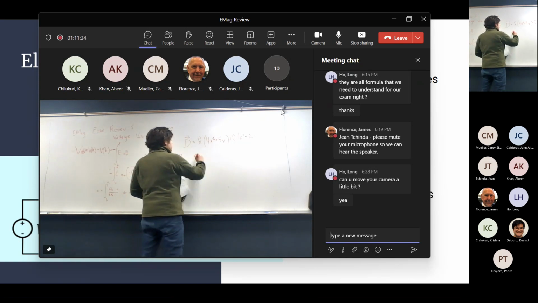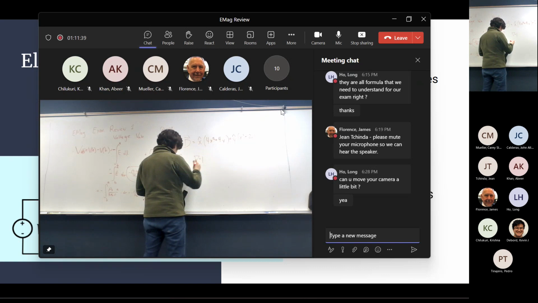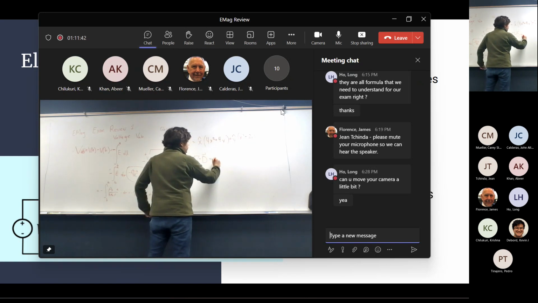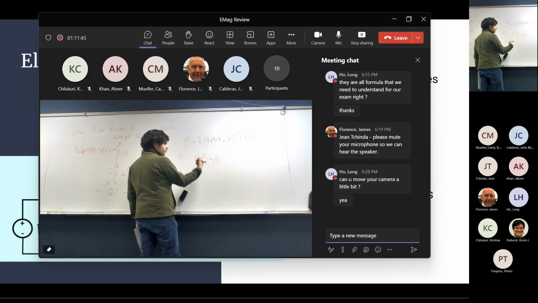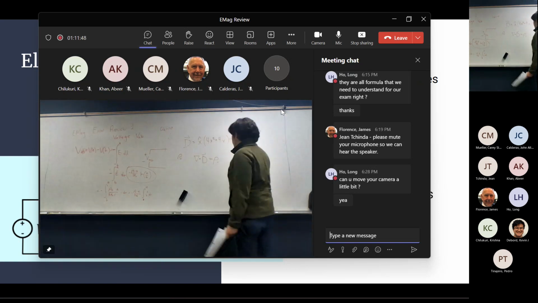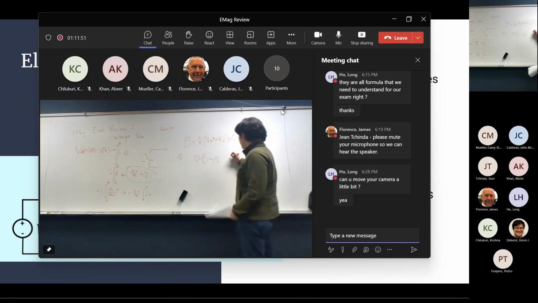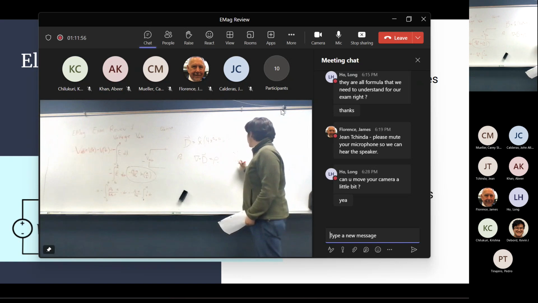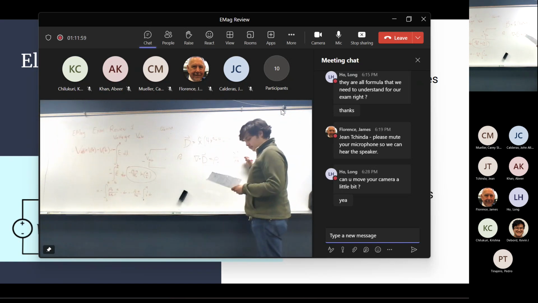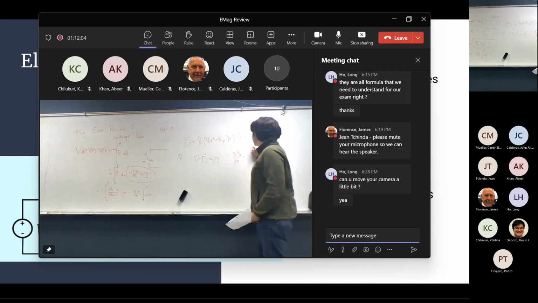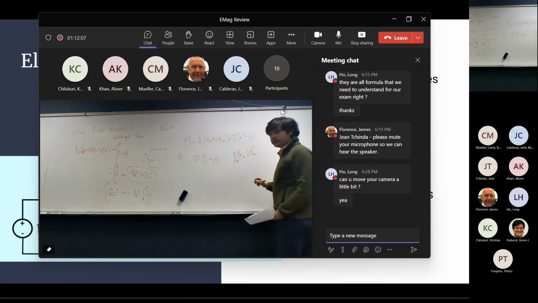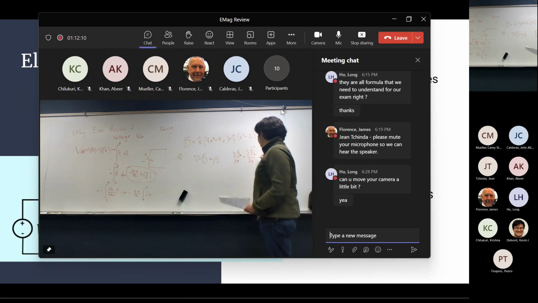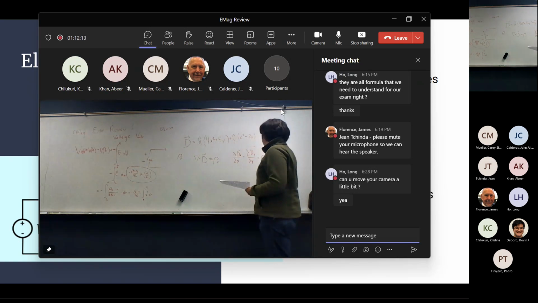So we know that the divergence of D is equal to rho V. That means the divergence of D is the partial of D sub x with respect to x, plus the partial of D sub y with respect to y.